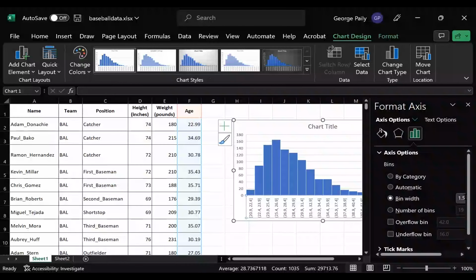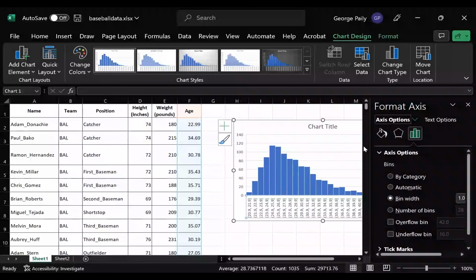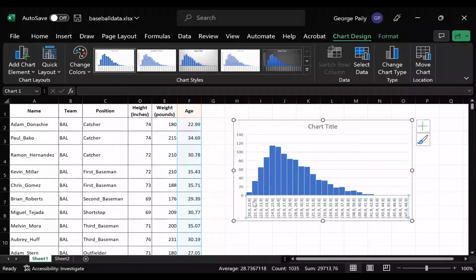I'm going to change the bin width to just 1. So now each column represents 1 year. So you can see, okay, the number of players between ages 20.9 and 21.9, there are 7 of those.